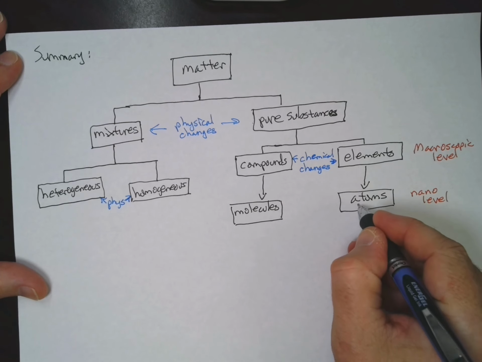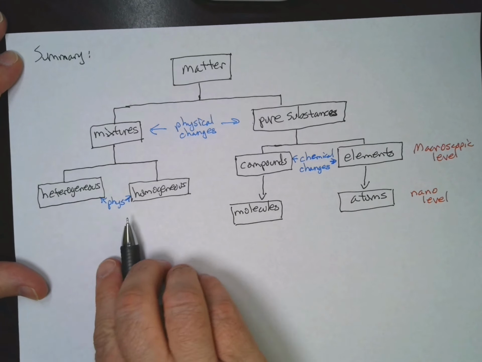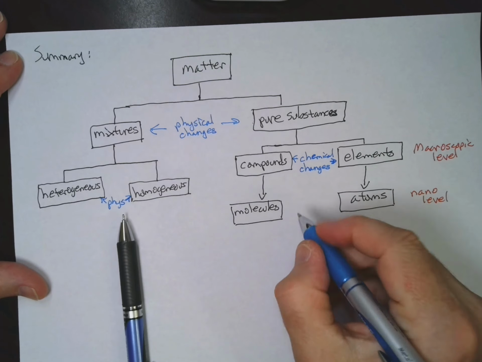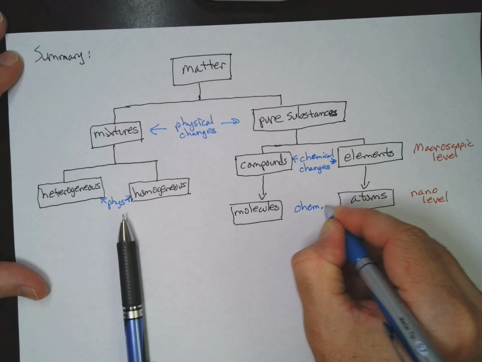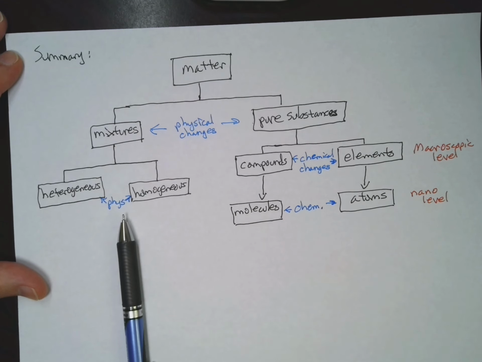Now, atoms also make up molecules. So again, our molecules and our atoms are related by chemical changes.